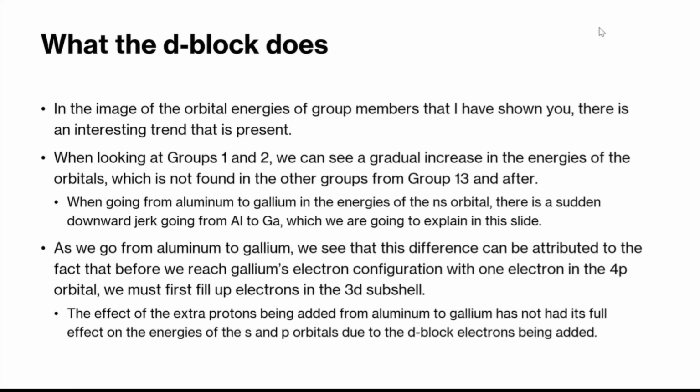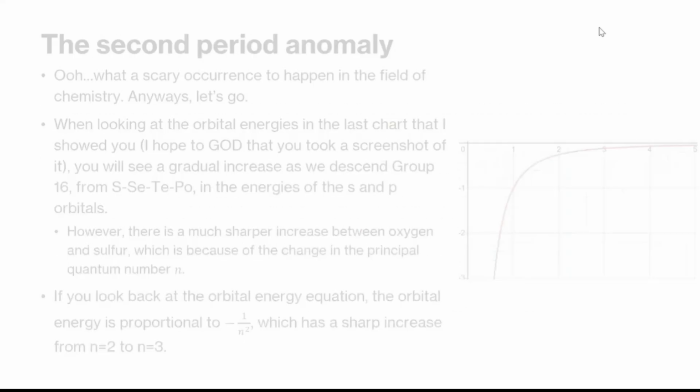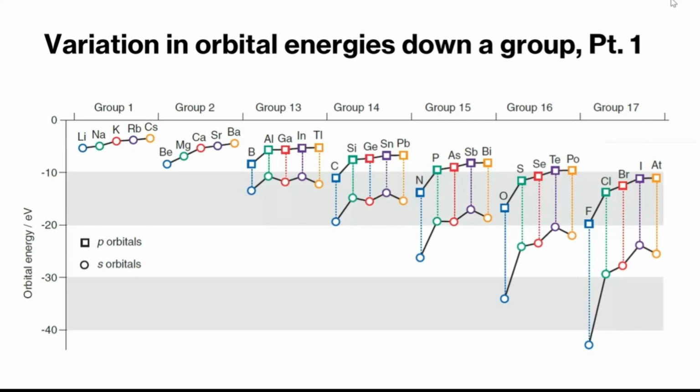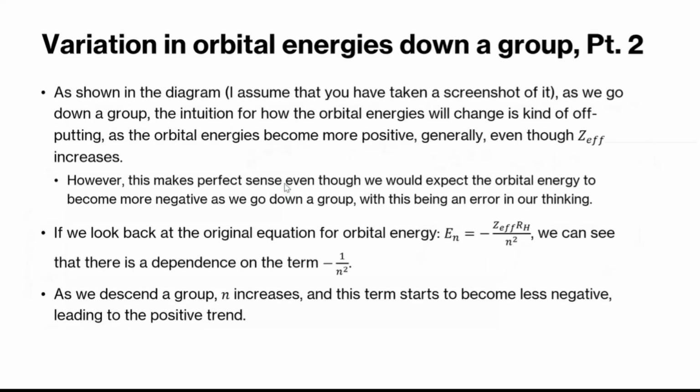And when going from aluminum to gallium in the energies of the ns orbital, there's a sudden downward jerk, which we'll explain in this slide. Let me pull that up in the chart. You can see there's somewhat of a decrease when we look at aluminum to gallium. So we need to explain that.